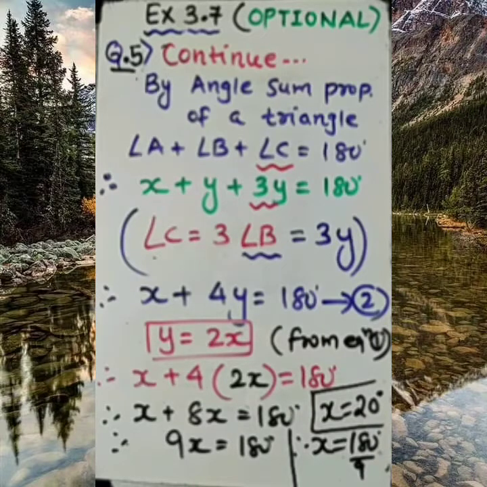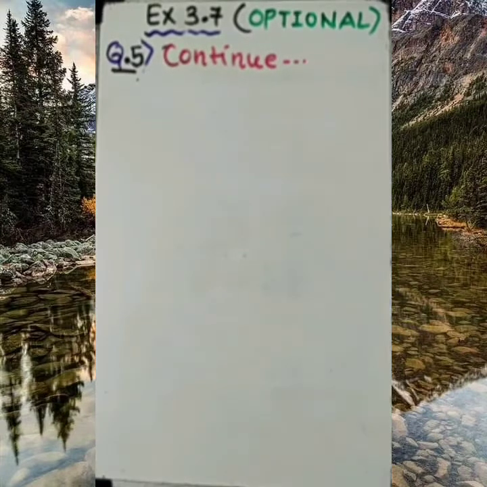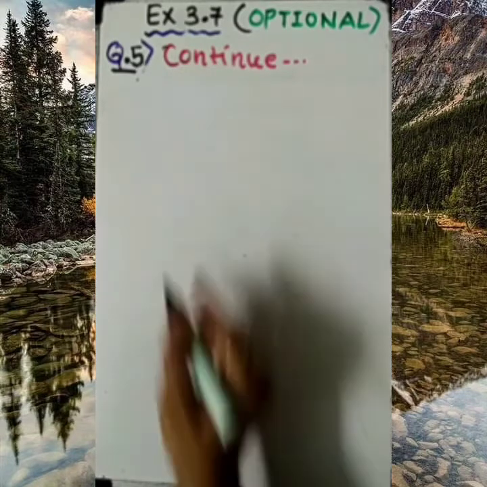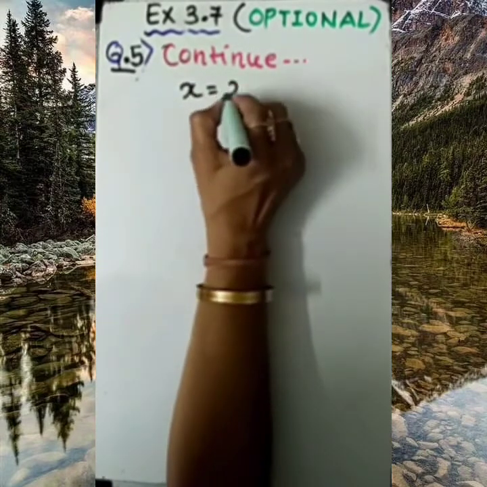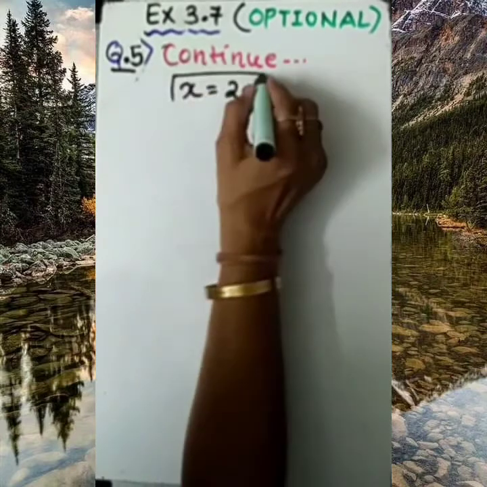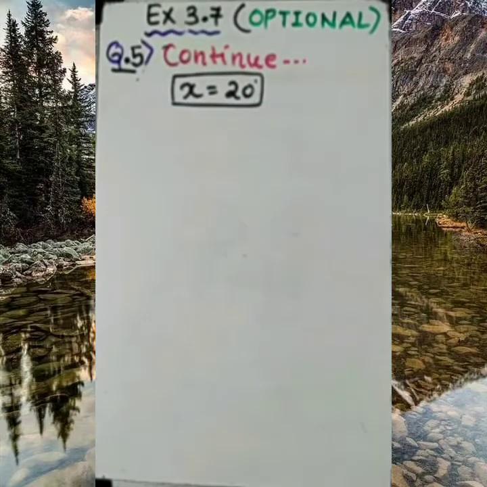So the value of x we got is 20 degrees. Still, we have to find all three angles. Let's see how to do it. So dear student, we know the value of x is 20 degrees.